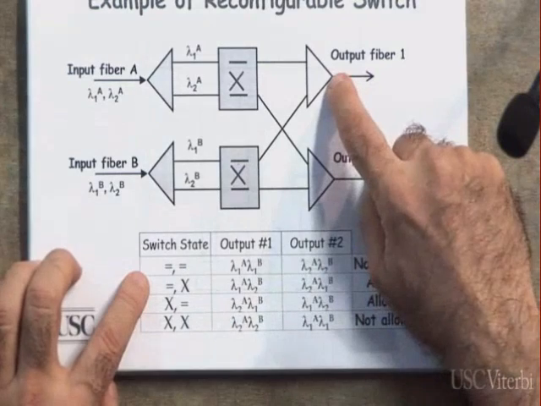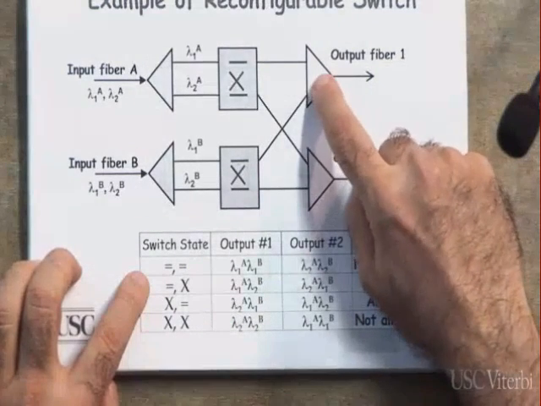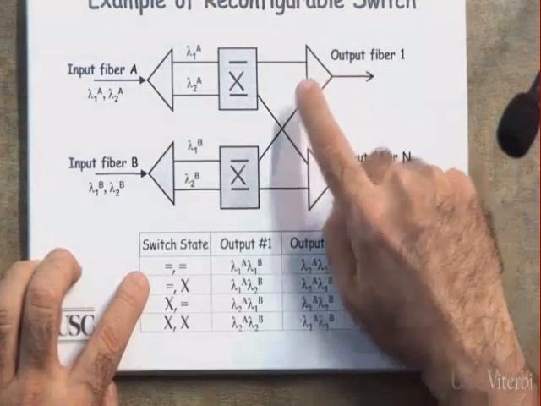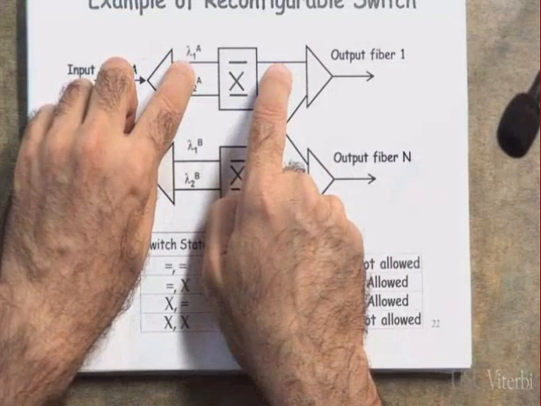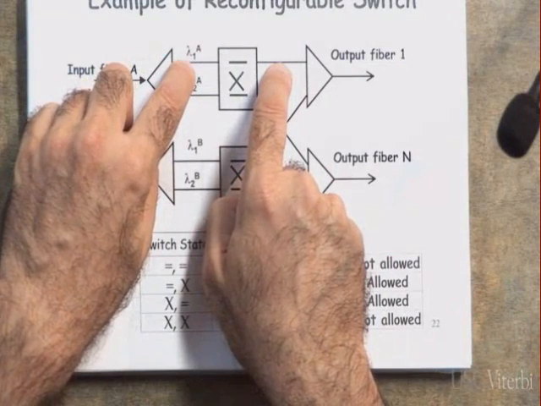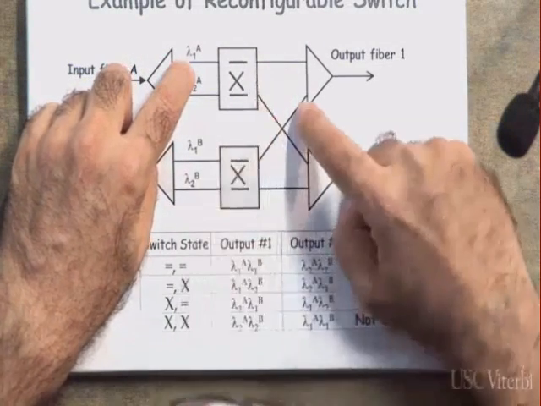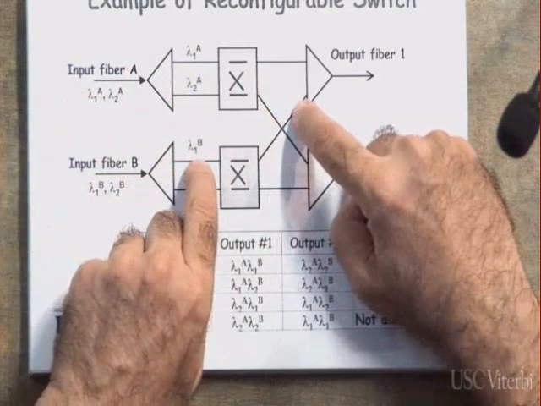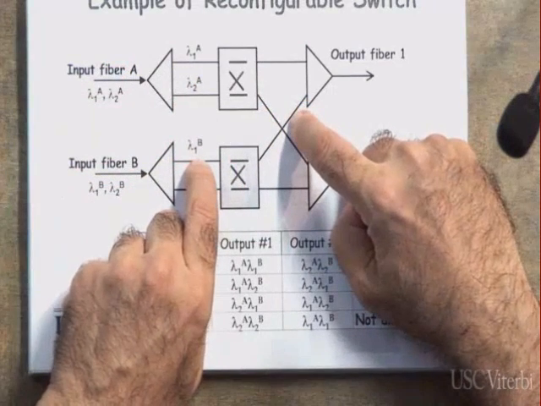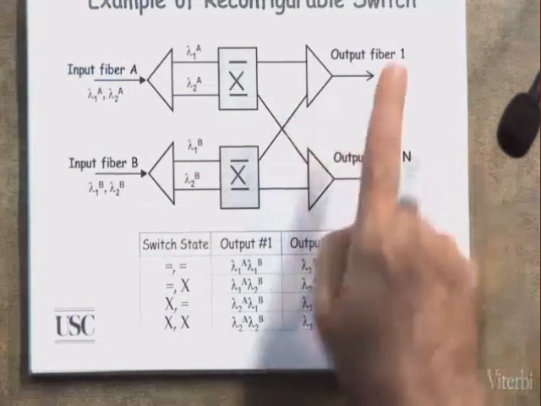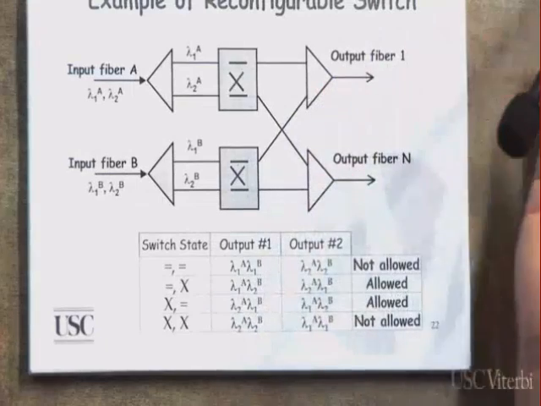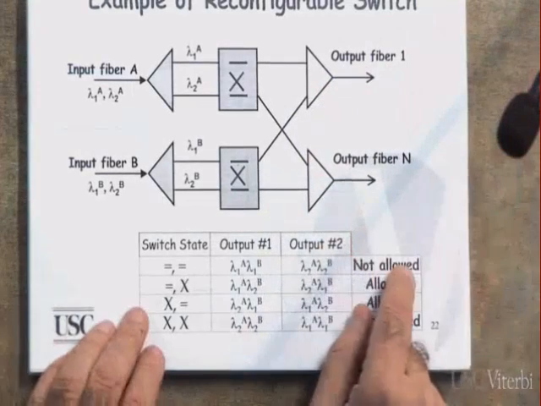What is the input to this guy? This is a multiplexer. The input is lambda 1A, which means a wavelength lambda 1 carrying information A. And this is lambda 1B, which means the same wavelength carrying different information. How is he going to combine them? They are the same wavelength. So this one is not allowed.